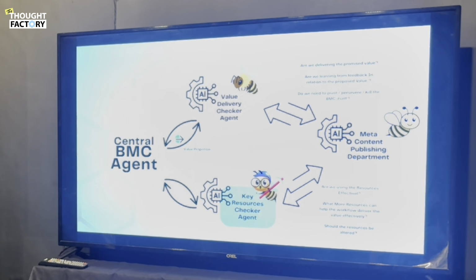and let the AI do the rest. Because as you can see, the central BMC agent does not only output data, it also takes in feedback, right? It takes in other feedback. So that way the value we initially proposed could even be changed. So do we need to pivot, persevere, or kill the BMC itself?